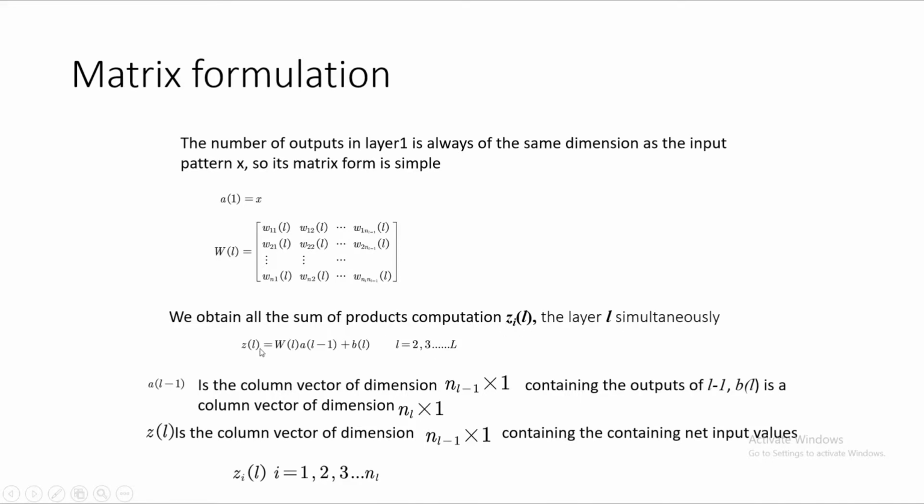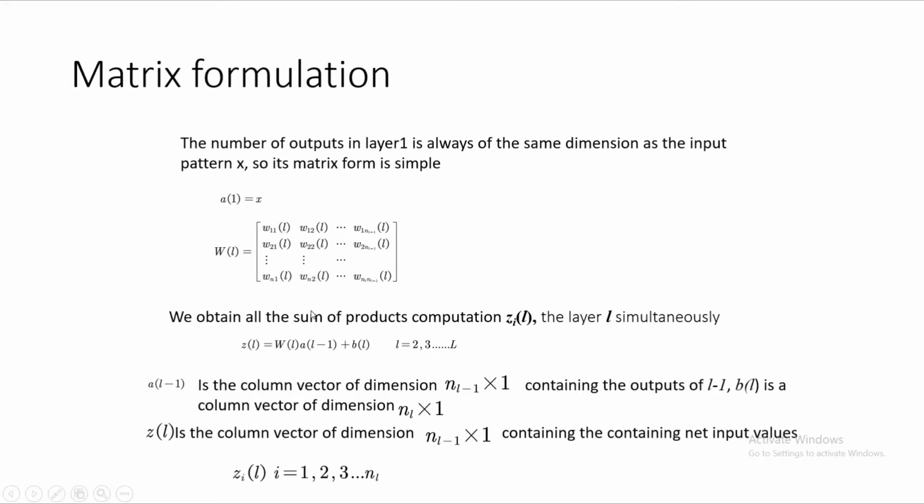Here what we can see is that AL minus 1 is a column vector, ZL can also be represented as a column vector, and WL is represented by the weight matrix.